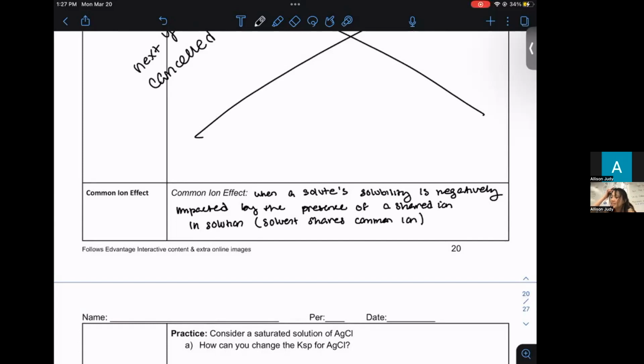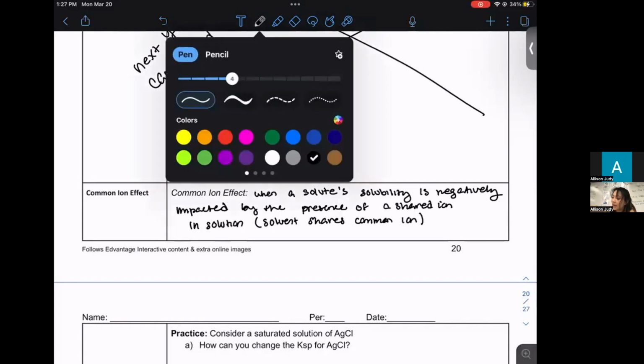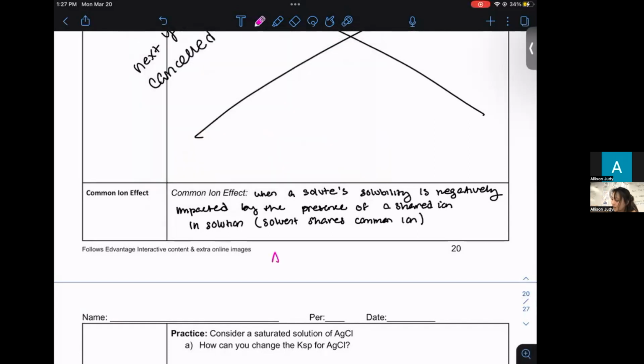So it's like saying if you have a reaction equilibrium, A goes to B and C, and you're in a solution where your solvent has a bunch of C, what does that do to your equilibrium? Additional C will drive the reaction backwards.